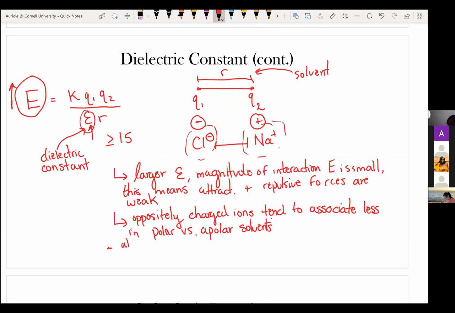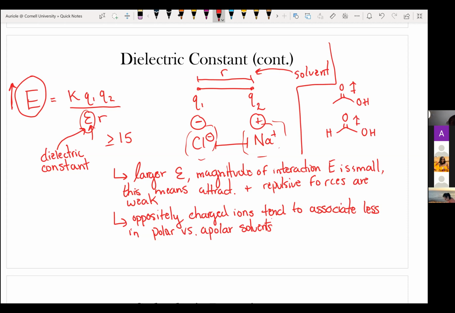Okay, and so then the last part of this is that all polar solvents are going to consist of dipolar molecules, but not all dipolar molecules are polar solvents. Let's do an example of that. If we look at something like acetic acid versus formic acid, I think we can all agree that both of these are going to have a dipole.